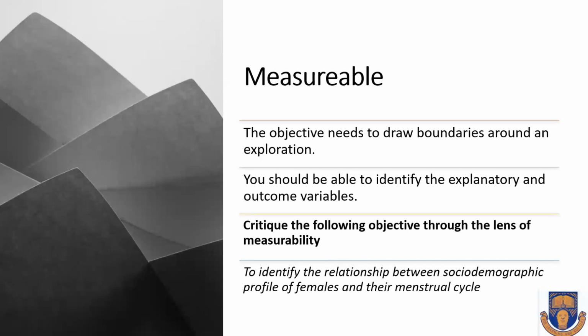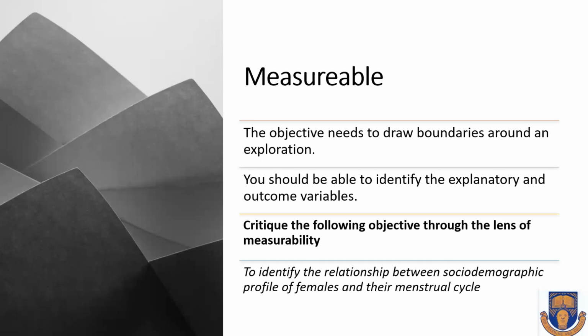So we had looked already at what is not specific. Now we want to critique this objective through the lens of measurability. This individual says, the study objective is to identify the relationship between socio-demographic profile of females in their menstrual cycle.